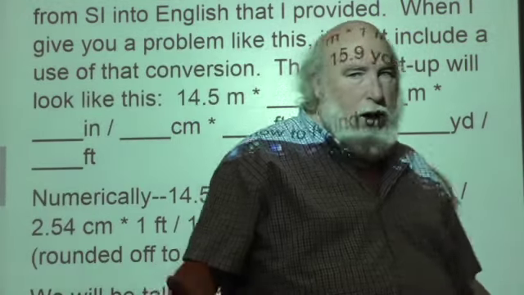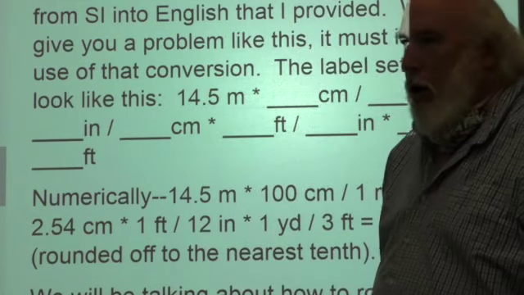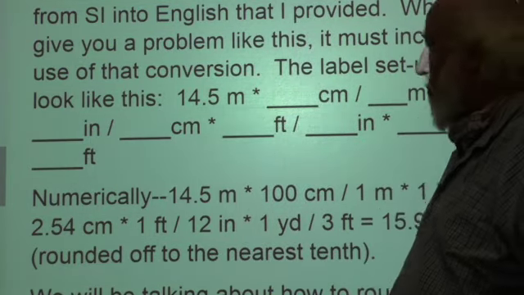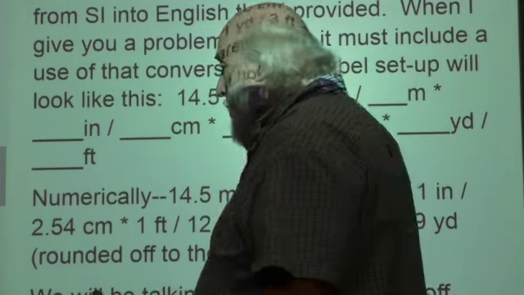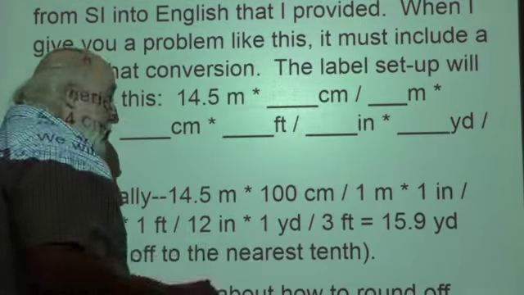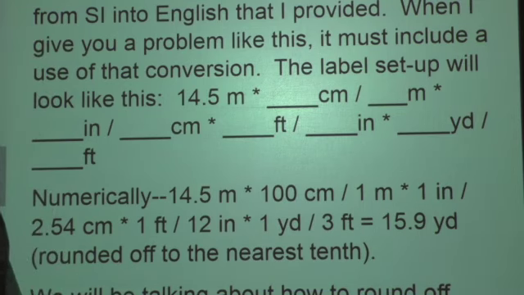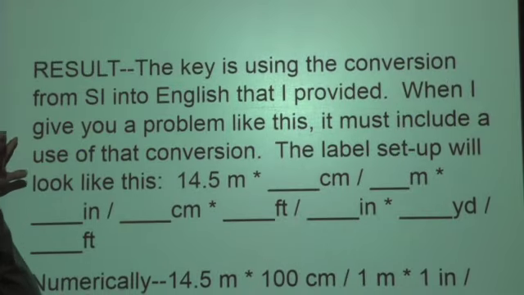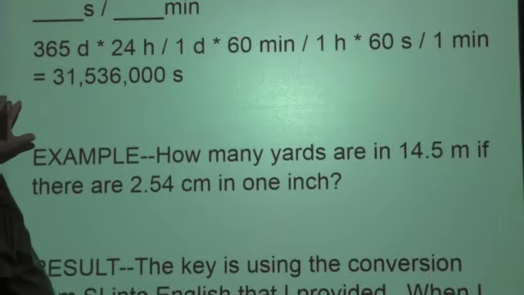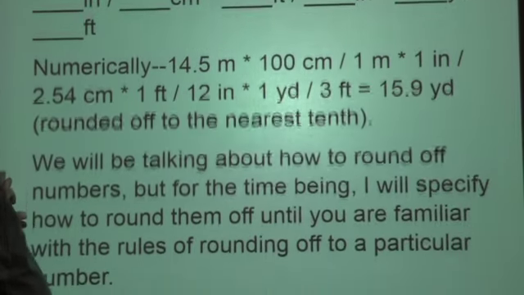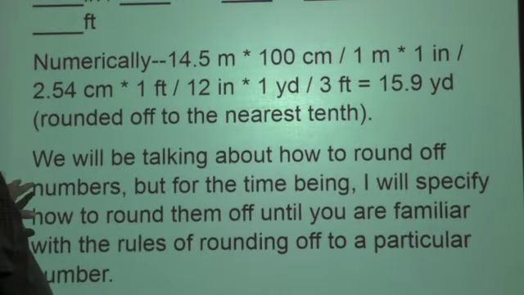Now I will tell you what I want you to round it off to. Later on in this chapter, we'll know exactly where to round it off to when we get through all that. And that's a very important section called significant figures. Okay, we've got 15.9 yards is what we ended up with there.